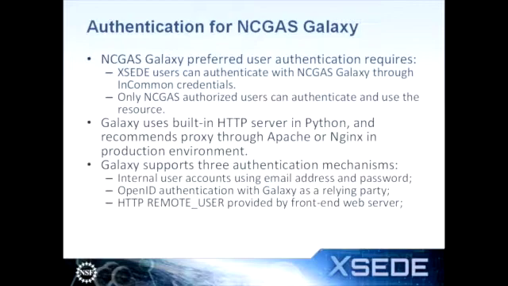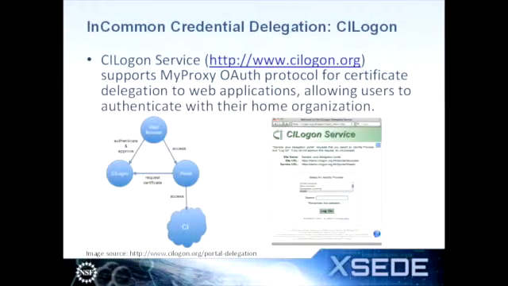Both are not allowed by NCGAS. So now we only have the third option left, which is to use an HTTP remote user variable provided by a front-end web server. So this is the authentication method we are going to use for the Galaxy, but we need some adaptation for the certificate delegation.